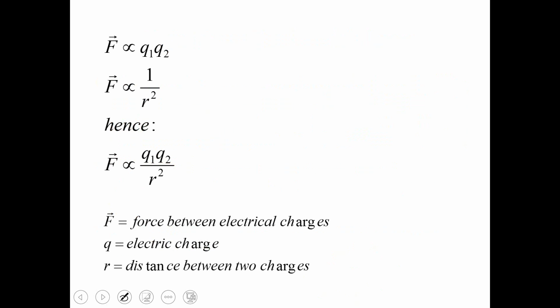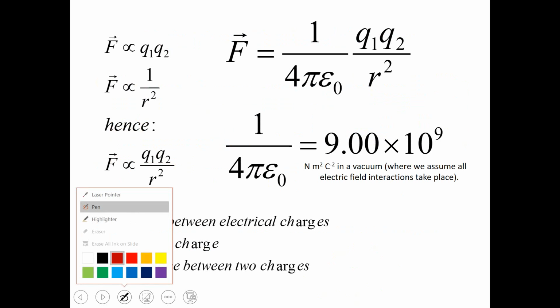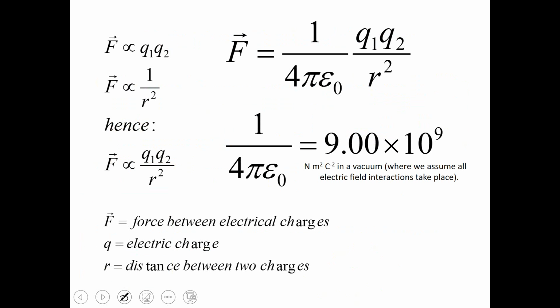Now here we can see Coulomb's formula at work. Let's use blue. That should be nice and easy to see. I made a comment before that force is directly proportional to the charge on one or the other.